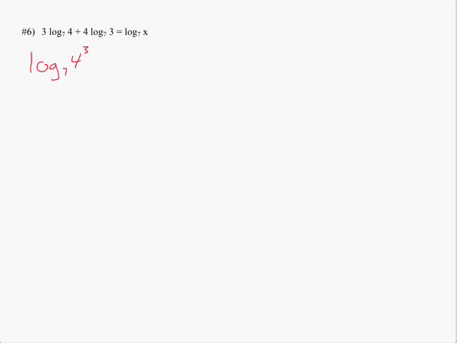Move the coefficient to be an exponent for the argument. Simplify those arguments. Yes, sir? Four to the third is 64. 3 to the fourth is 81.